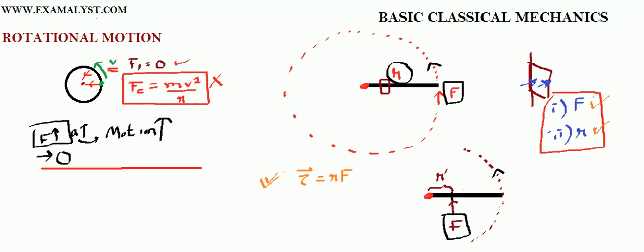In one dimensional motion, the only thing that decided motion was force. But in rotational motion, the main thing that decides motion is torque, and torque is a multiplication of r and F, because both these things decide the net effect.